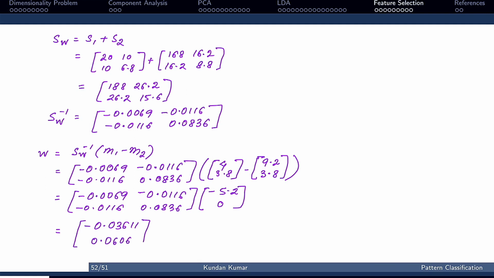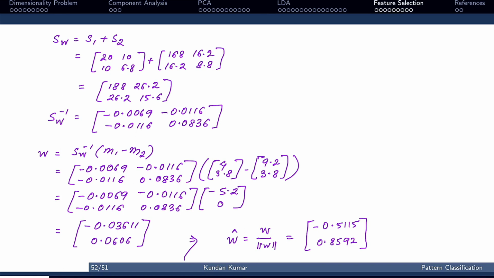Okay. So, this is basically the direction of the projection line. This is not normalized, so we can normalize it; we just have to divide by the norm of the W vector. So, we will get minus 0.5115, 0.8592.